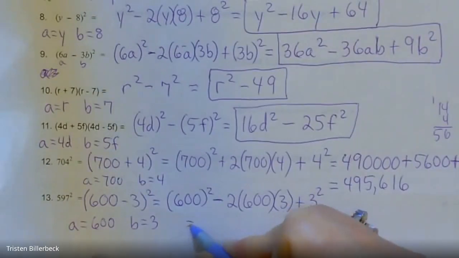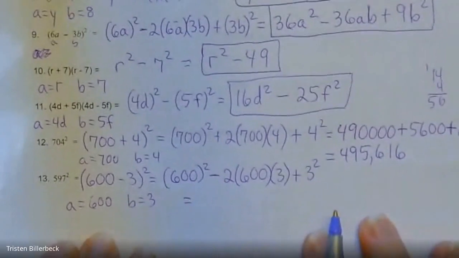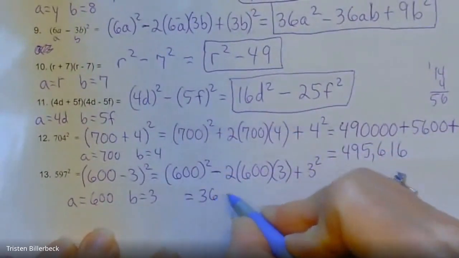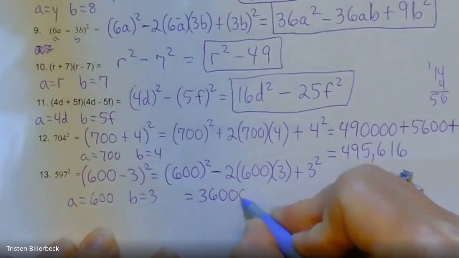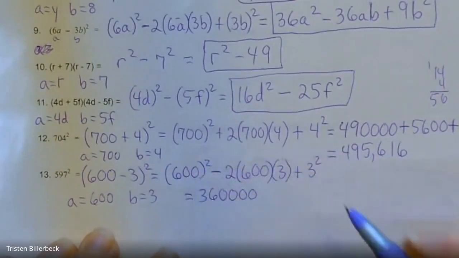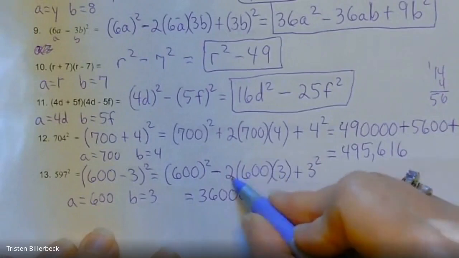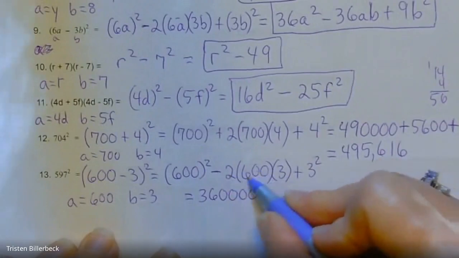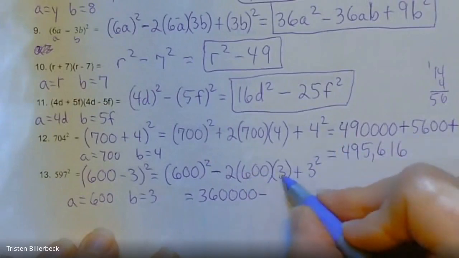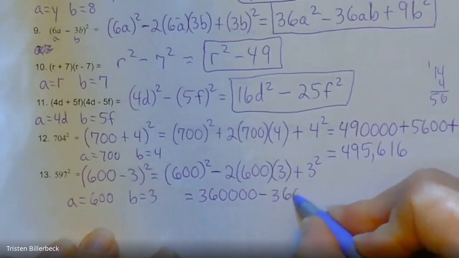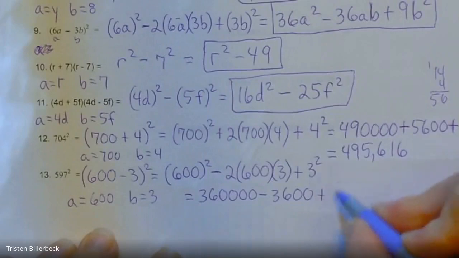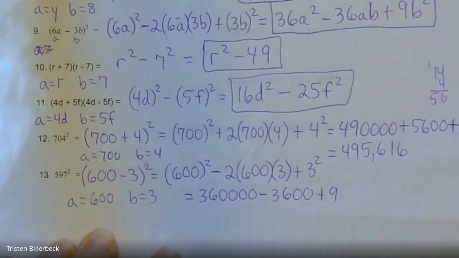Okay, so 600 squared is 36, and then we have 4 zeros because we're squaring 2 zeros, so that makes 4. Minus 2 is, 2 times 6 is 12. 12 times 3 is 3,600, because we add the 2 zeros. And then plus 3 squared is 9.